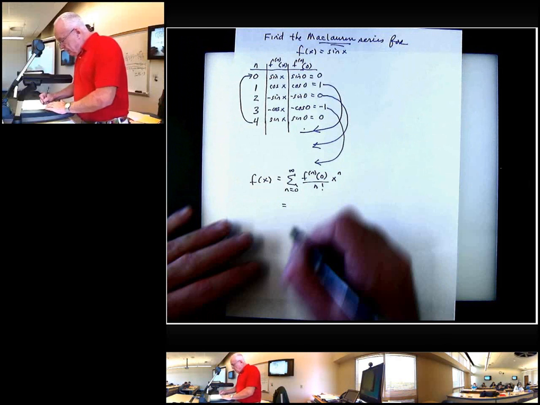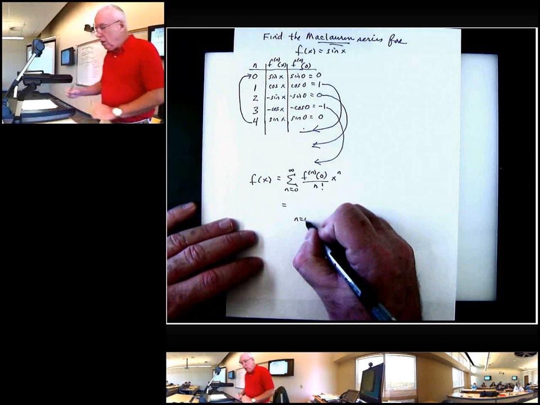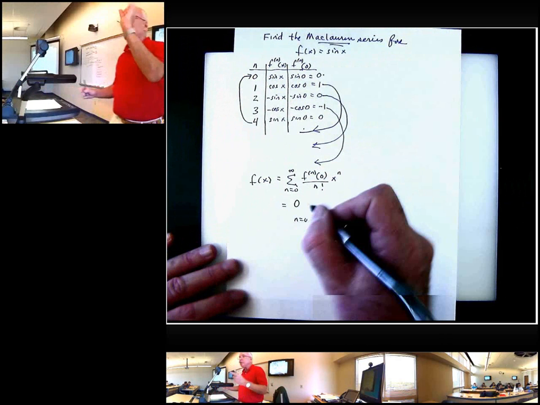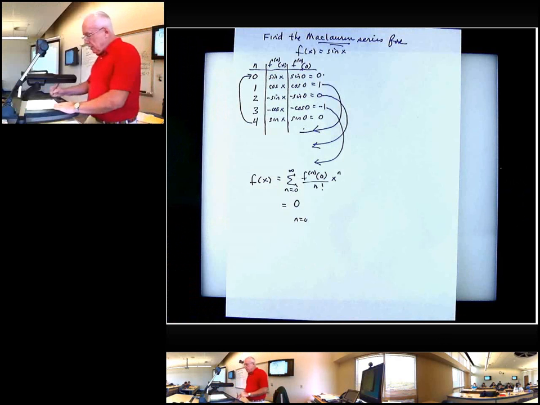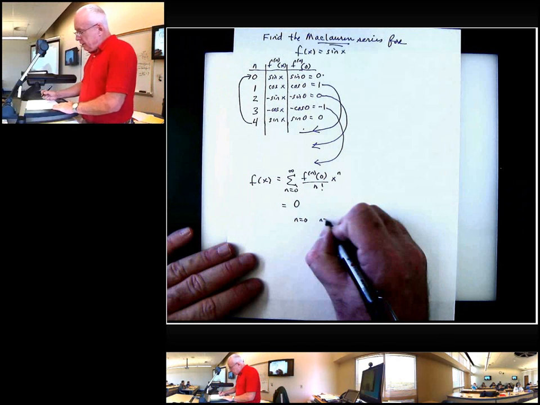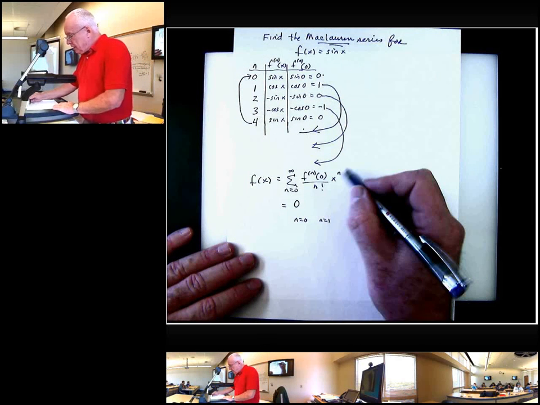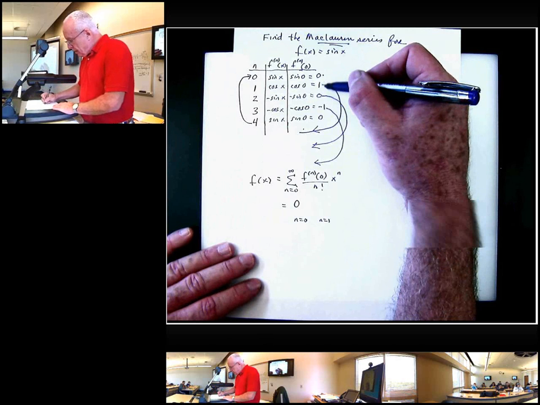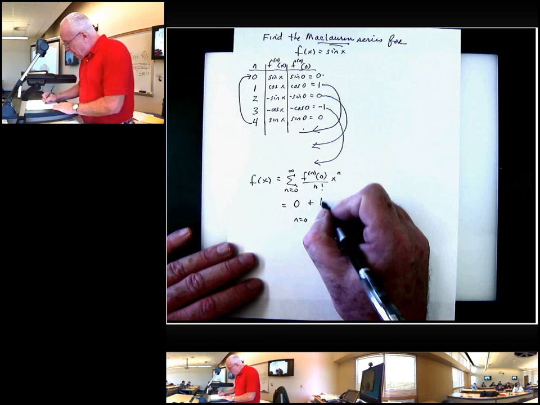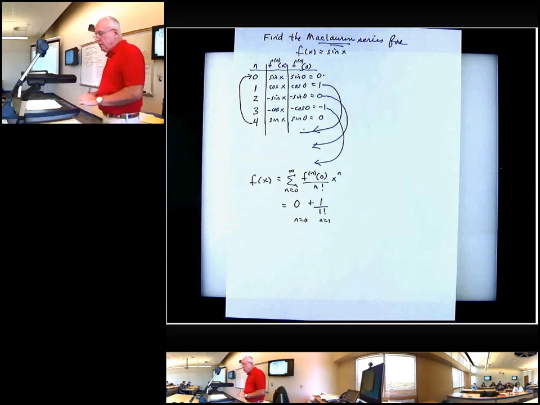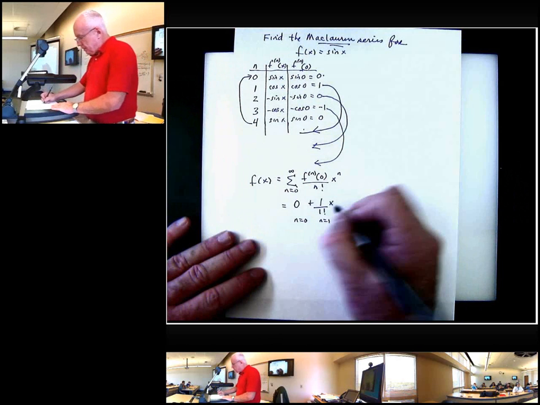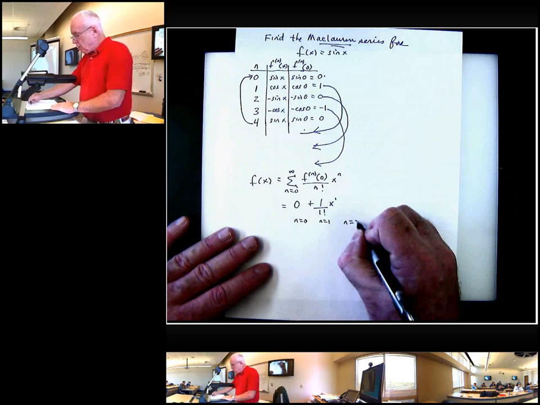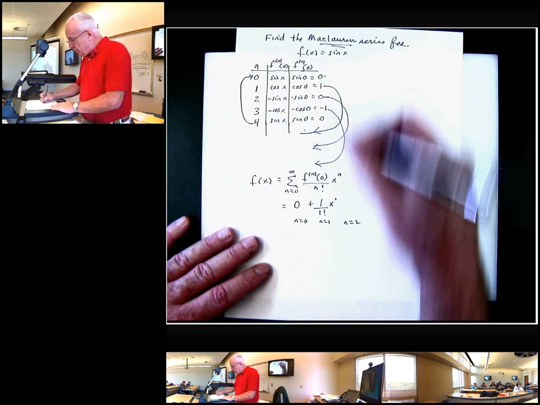For n equals 0, we just have 0 right up here, and it's x to the 0 power, so that's just 1. Then for n equals 1, we have that our value of the nth derivative is 1. And that's going to be 1 over 1 factorial times x to the 1 power. And then when n is equal to 2, we go to our case number 2, and our value again is 0.